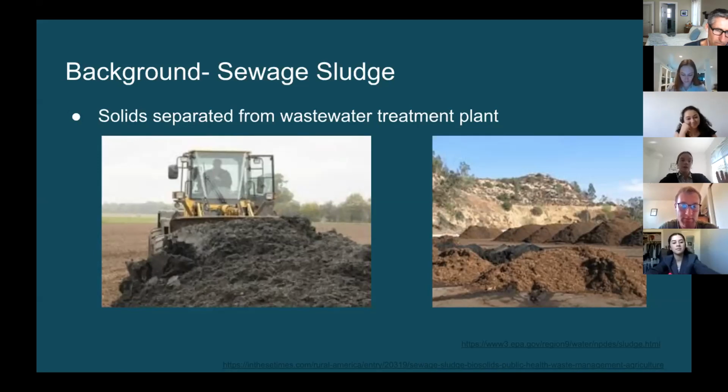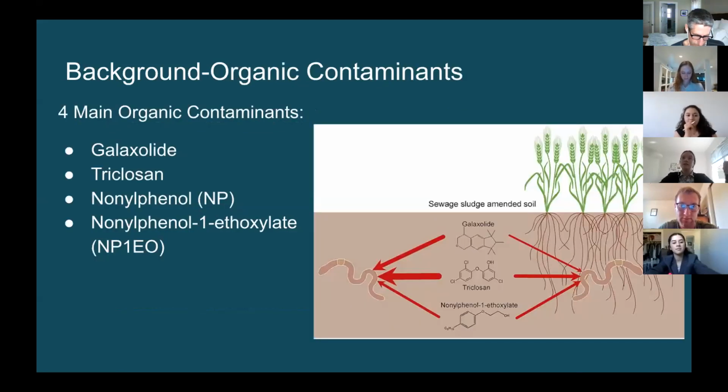But when you put the sewage through this wastewater treatment plant, the sewage sludge, you're left with organic contaminants. Organic contaminants can come from pharmaceutical products, detergents, and other chemicals flushed down.